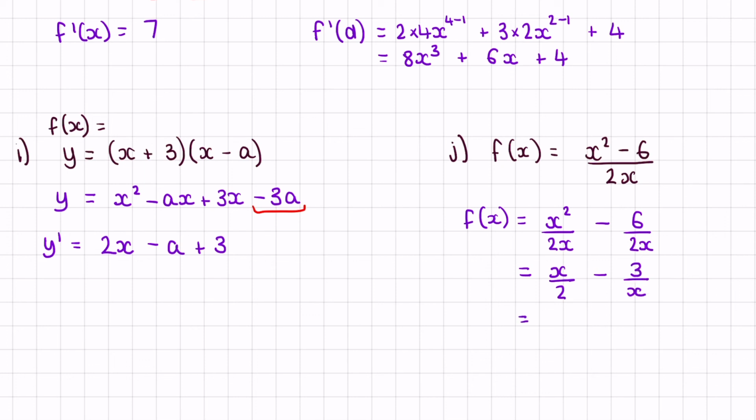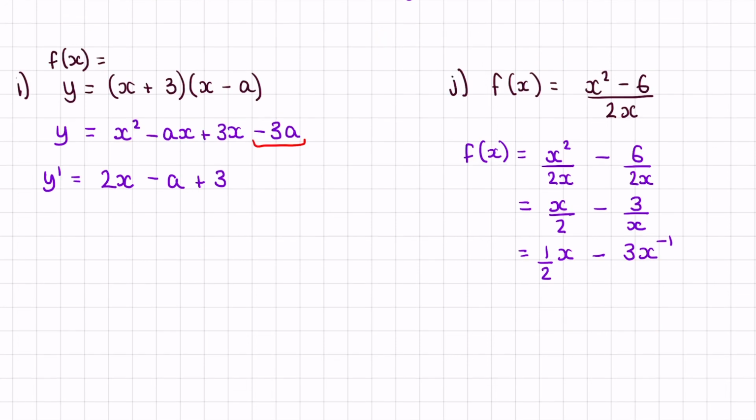Now from here we want to make it look a bit nicer. So x on 2 we can rewrite as a half x. Then 3 on x, we're going to write that as 3 times x to the power of negative 1, because remember we don't want the x on the denominator. Now from here we can do the derivative. So f dash x would equal a half x. We've got a single x, which means that just disappears and we'll get left with a half.